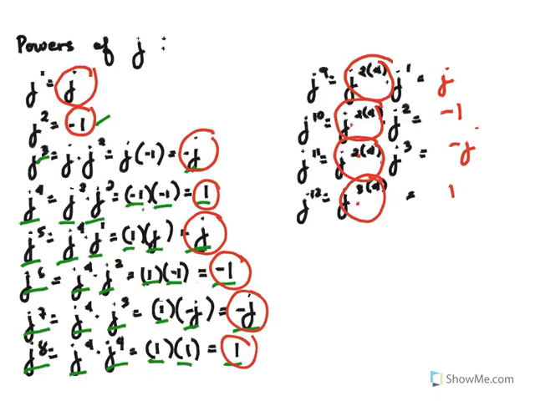And then meron kang hiwalay, yung sobra, okay, yun ay basically the remainder when you divide your exponent by 4. So kasi diba, J to the 9, if you divide this by 4, it's 2, remainder 1. J to the 10, if you divide this by 4, it's 2, remainder 2. J to the 11, if you divide this by 4, you have 2, remainder 3. J to the 12 is divisible by 4, and so the remainder is none, or 0.